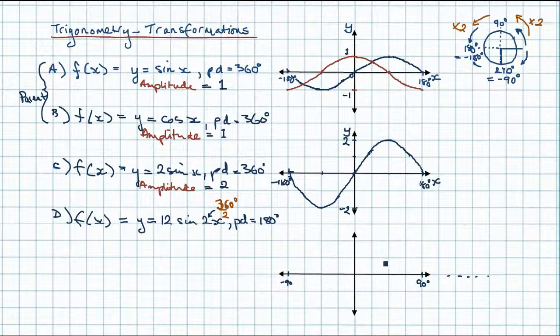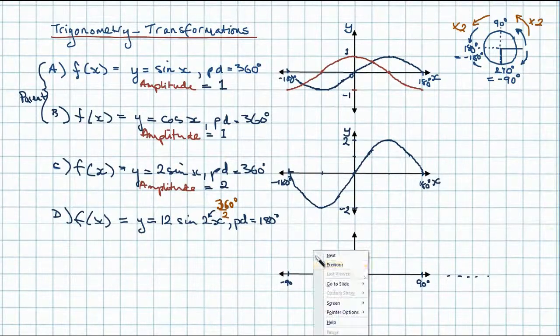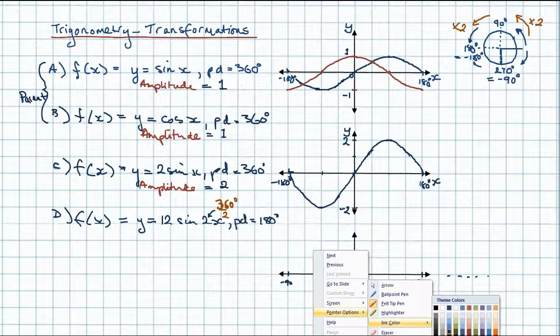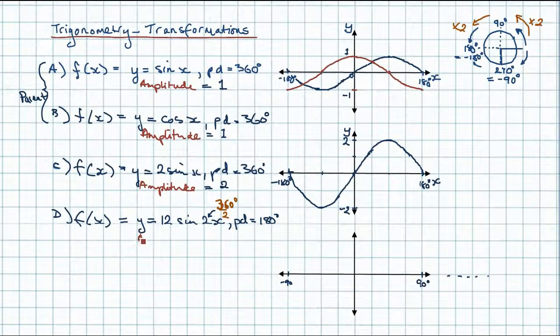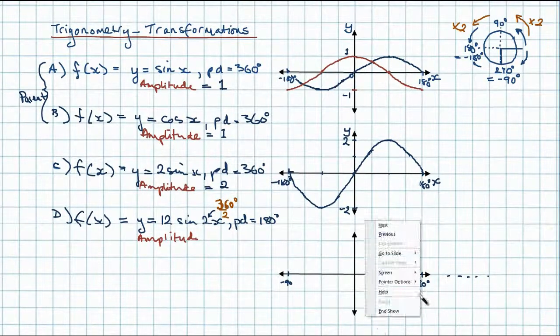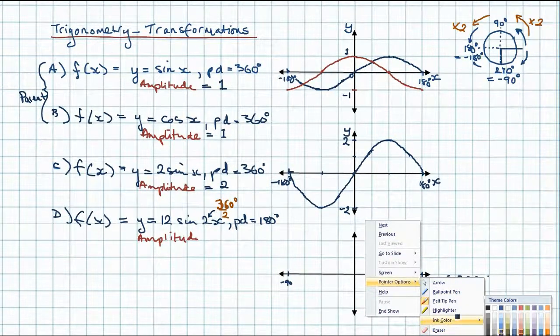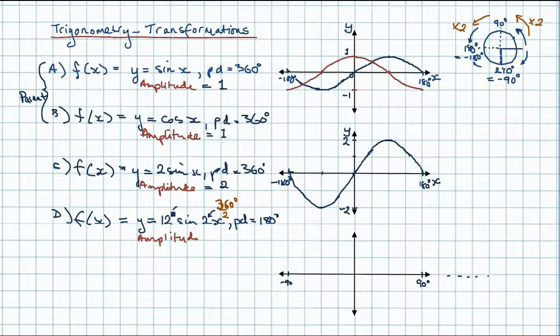So now let's have a go at the amplitude. What's the amplitude going to be? As we've seen, the amplitude is very straightforward to calculate. It is simply this value here, the amount that we're multiplying the whole thing by. In other words, 12. So the amplitude is 12, therefore we need to mark off on our axes 12, and down here, negative 12. Now we're ready to draw our function.